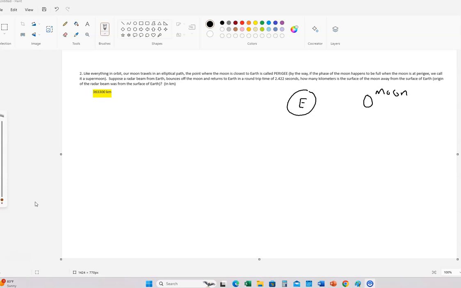Let's say that the moon was at perigee in this picture that I've just drawn. What that means is if the moon were a full moon at that time, if the phases of the moon put it as being a full moon, and it's the point where it gets closest to the Earth, that's what we call, you'll hear sometimes they'll talk about this on the weather, a super moon.